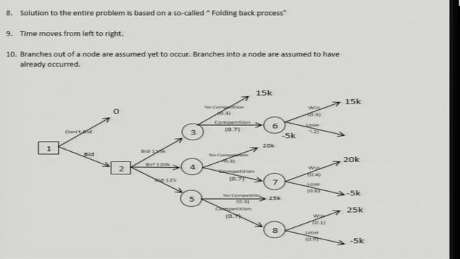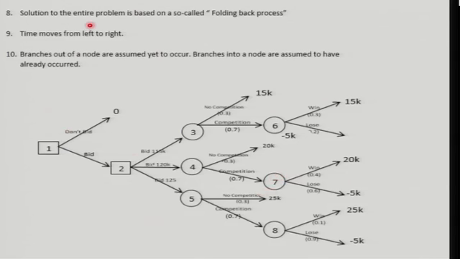If you want to find the expected monetary value for this event here, you take this probability, multiply it by the monetary value here, and the same applies to this. So this times this plus this times that will give us the expected monetary value of this event. That's what that point is saying.